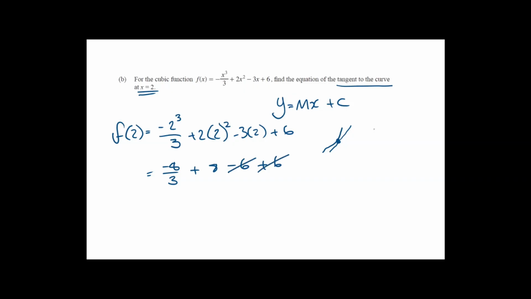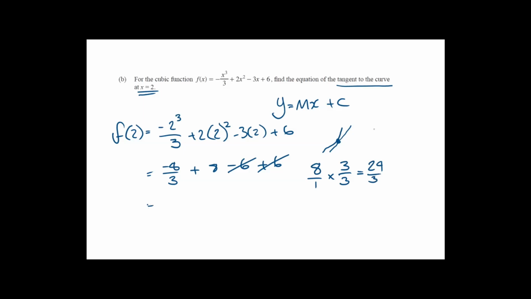Well, that's good, they're going to cancel. So here we have minus 8 over 3 plus 8, and that's a bit messy. So what I'm going to do, I'm going to get this 8 over 1. I'm going to multiply it by 3 over 3, which is 1. 3 over 3 is 1. So it's going to be 24 over 3.